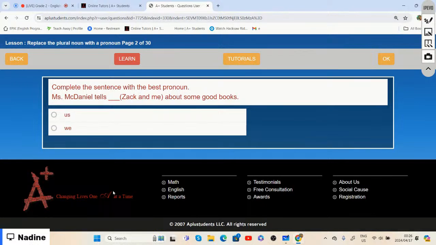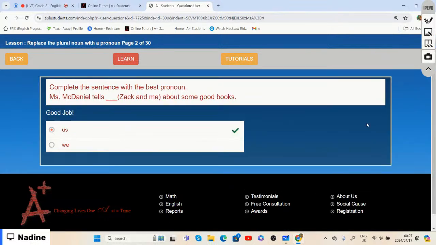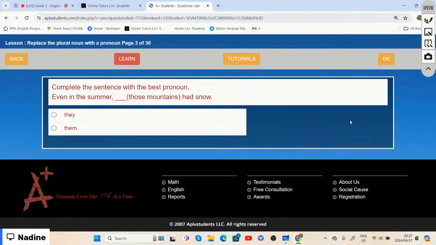All right. And if we were to complete the sentence with the best pronoun, we can say Miss McDaniel tells us, right? Us all the way about some good books, right? And us is correct. Well done, guys.